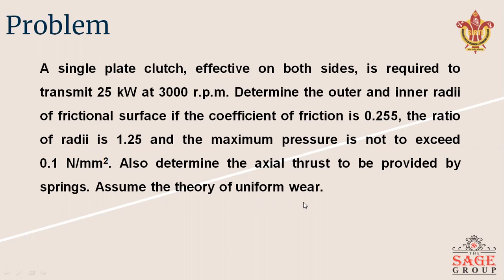Assume uniform wear theory. So here you can see that the data is given: the power transmitted, that is P equals 25 kilowatt, that means 25 into 10 to the power 3 watt, at a speed of 3000 rpm, and the coefficient of friction is given 0.255, and the ratio of radii, r1 divided by r2, equals 1.25.